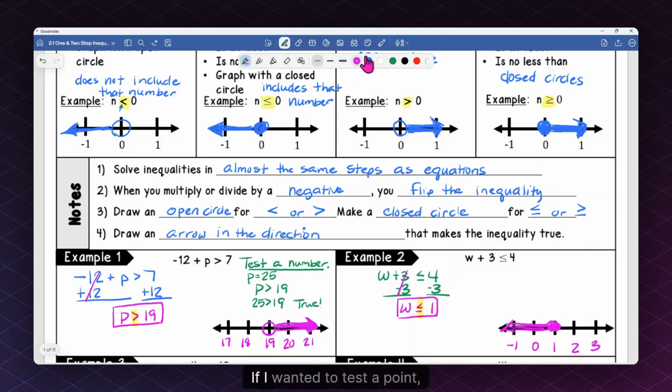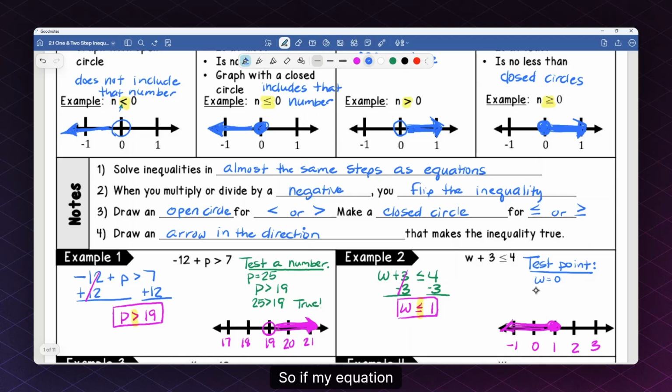All right. If I wanted to test a point, let's take a second and test a point just to show that which way we're shading it makes sense. So I'm going to test W equals 0, because 0 is honestly the easiest thing to test most of the time.